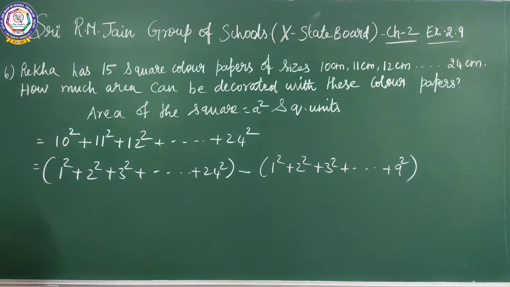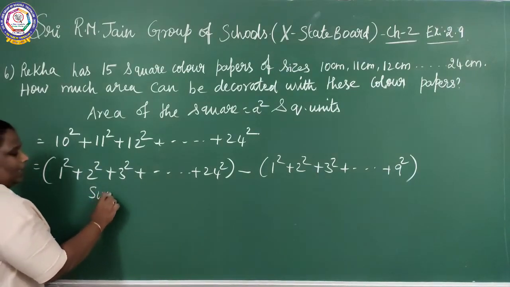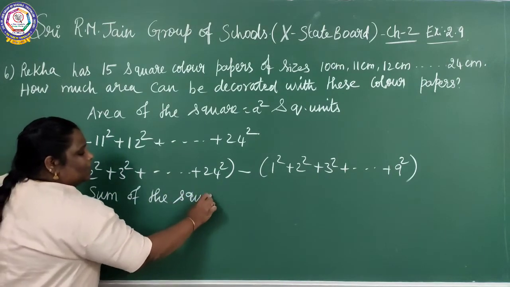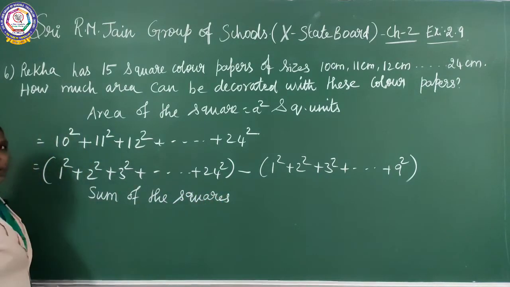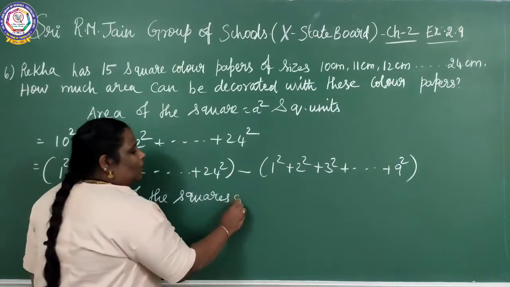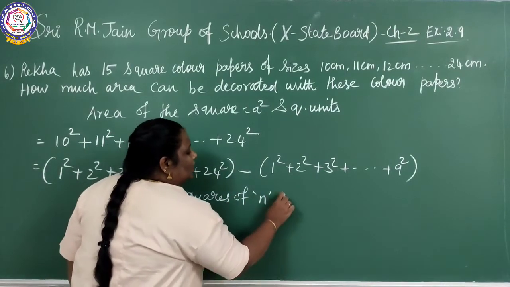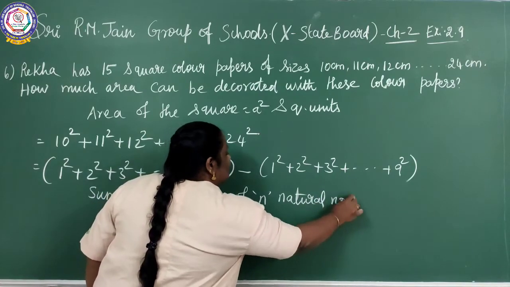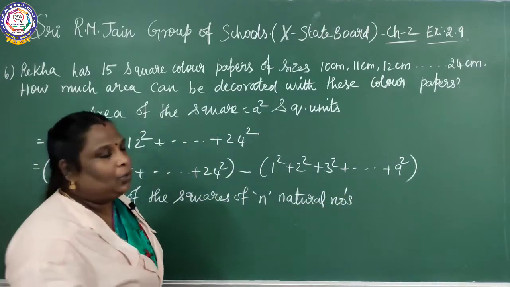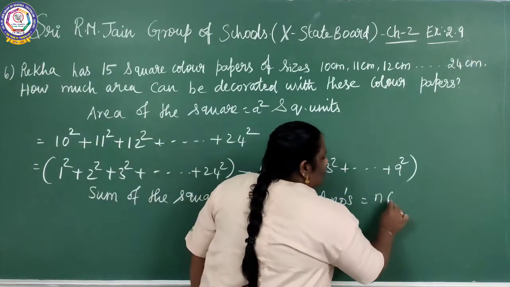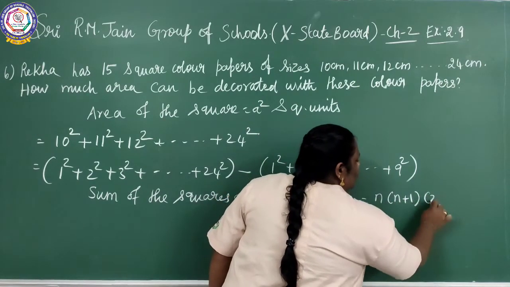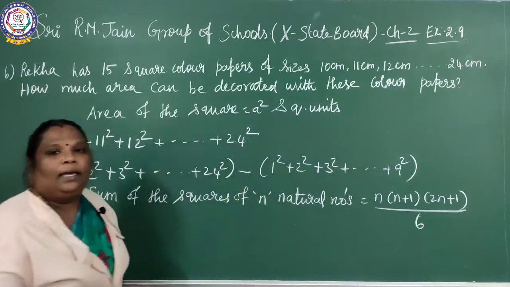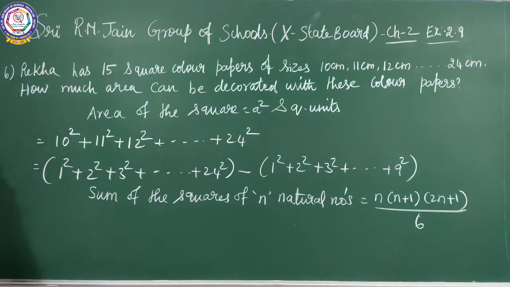What is the formula for the sum of the squares of natural numbers? Sum of the squares of n natural numbers is n into n plus 1 into 2n plus 1 by 6.